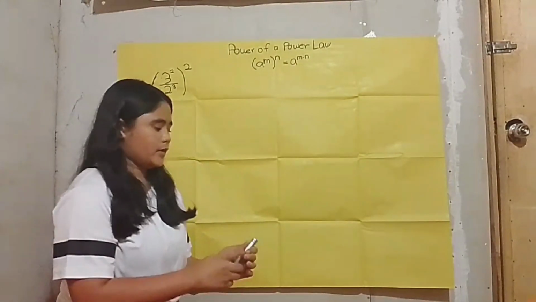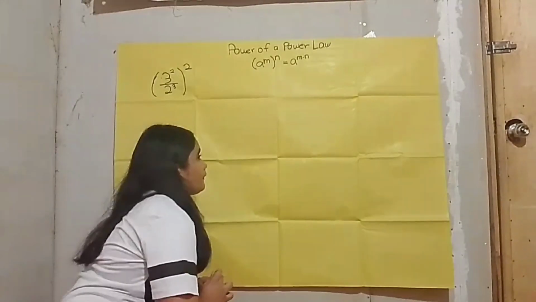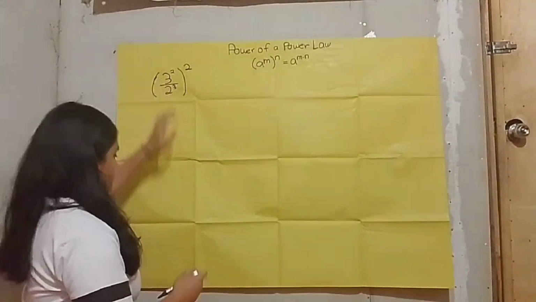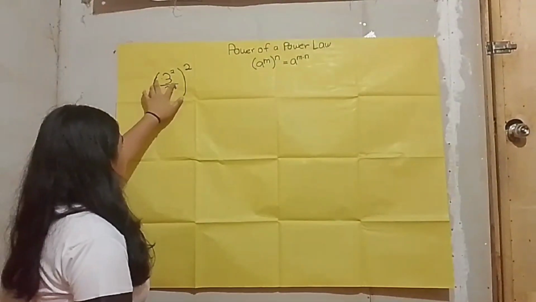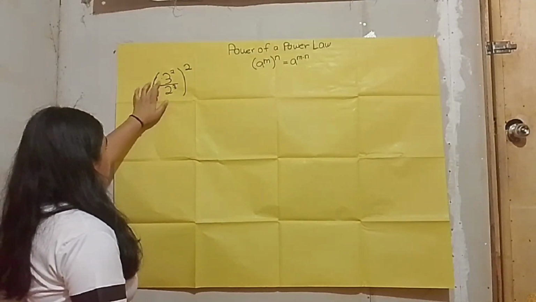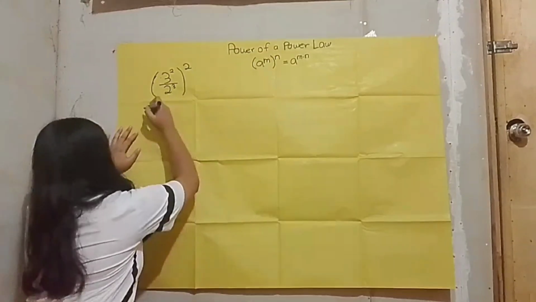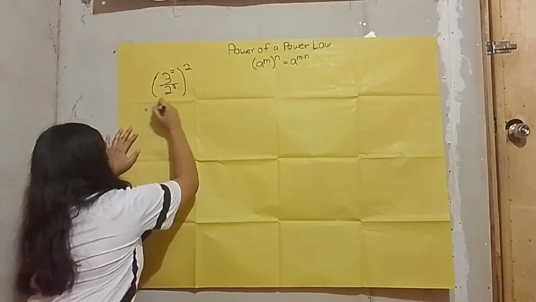And we have a given here, and it is a fraction. So if it is a fraction, we apply the power of a power law to both the numerator and denominator.